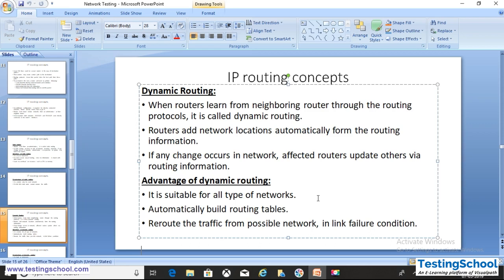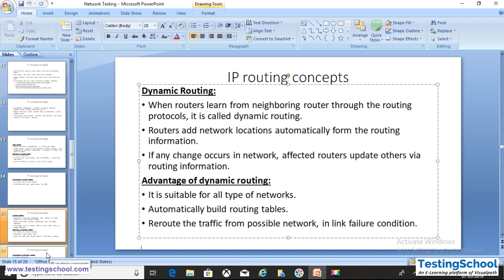So these are the main advantages of dynamic routing. Now the disadvantage of dynamic routing: it is hard to implement. Obviously, when more intelligence is involved, it will be hard to implement. So we can say it is a bit harder as compared to static routing.